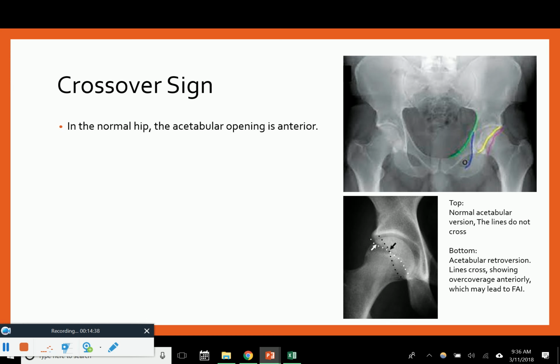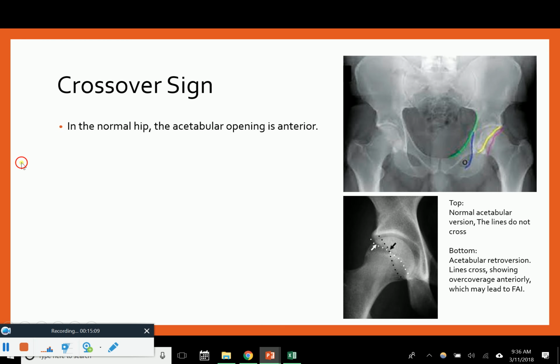As you can see, they cross over, and if you can picture this two-dimensional picture in a three-dimensional model, you would have more bony overhang in the anterior portion of this person's hip. Now, this is not anatomically abnormal, but it may lead to impingement symptoms because there's more bony anatomy in the front of the hip. This is what a normal x-ray, quote unquote normal, should look like. The lines do not transect each other.